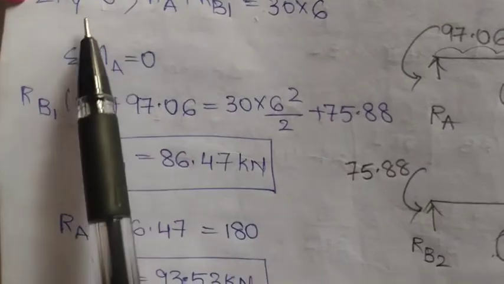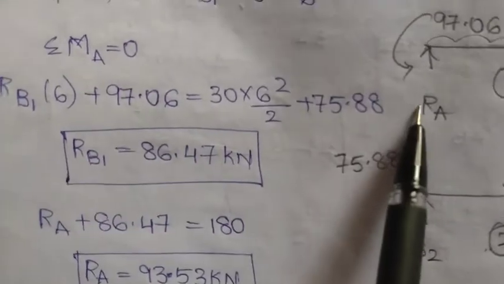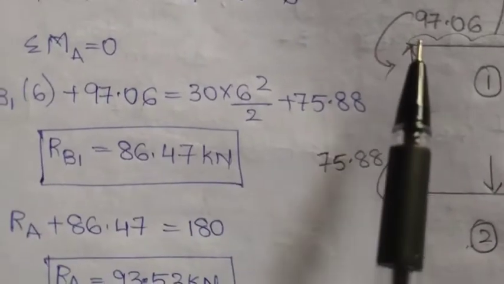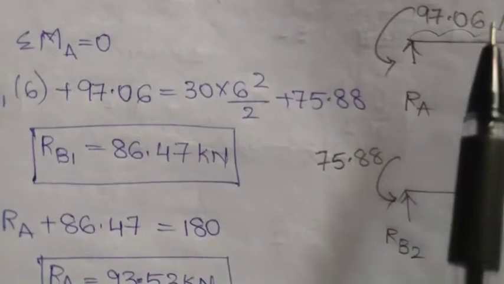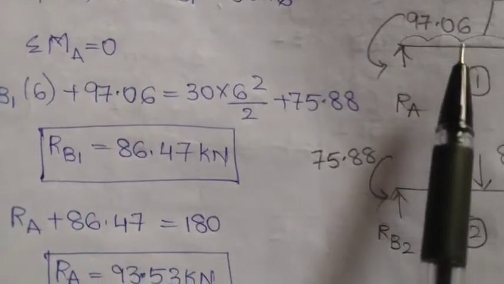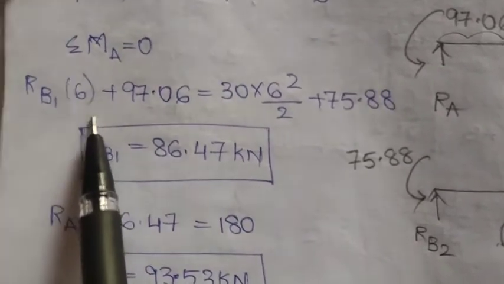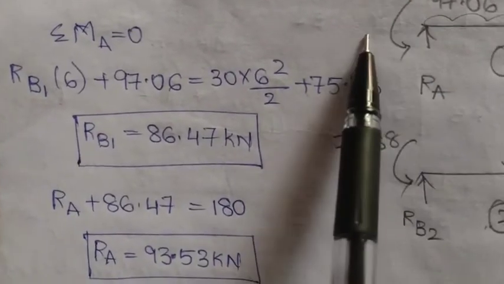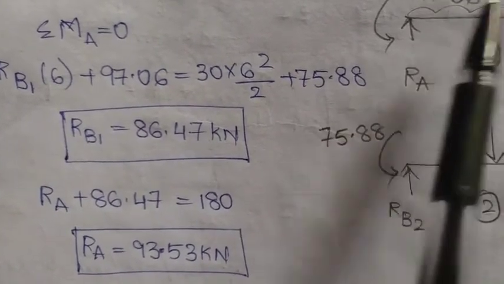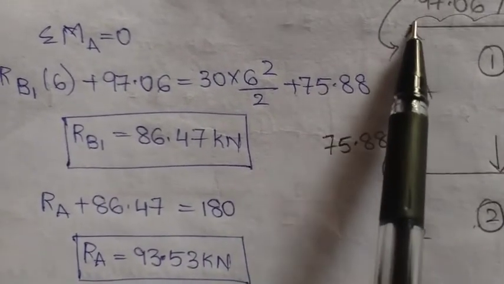Okay, now we'll take summation Fy equals 0, that is upward loads Ra plus Rb1 equals downward loads. Downward loads, that is 30 into the span 6, UDL. That is the reaction, and we are taking moment about A, that is Rb1 into 6 is equal to plus 97.06 kilonewton meter.